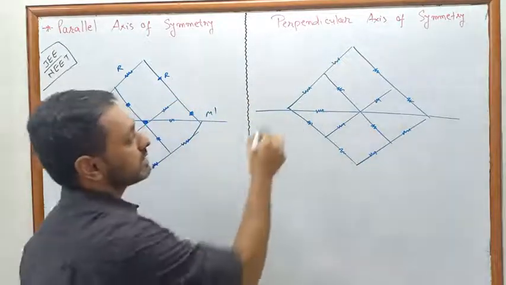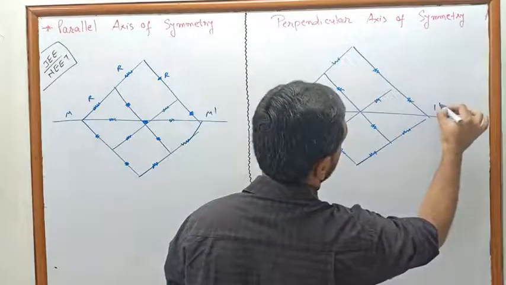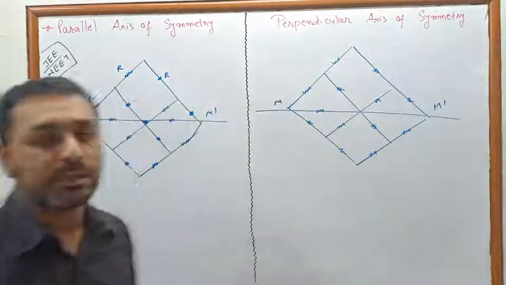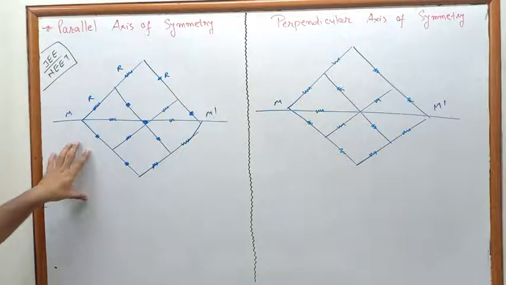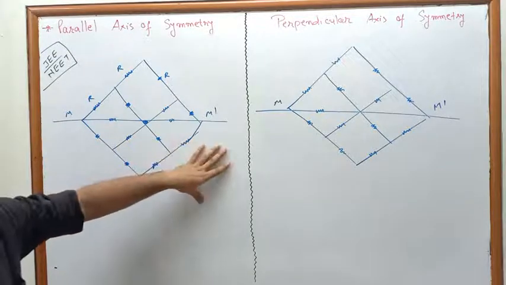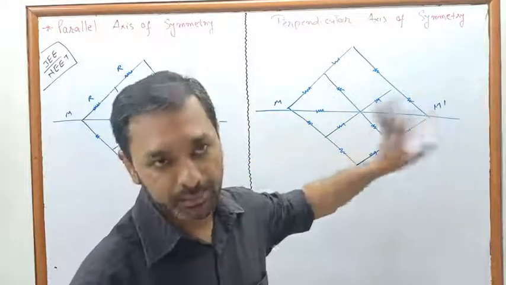Okay, this is the given network, and suppose you have to find the equivalent resistance between M and M dash.